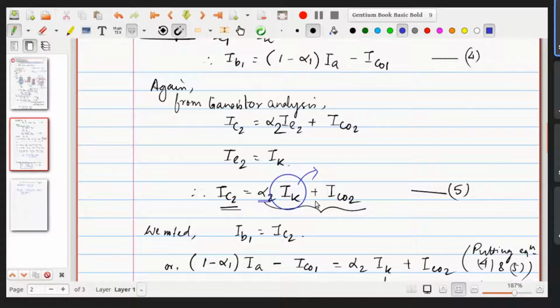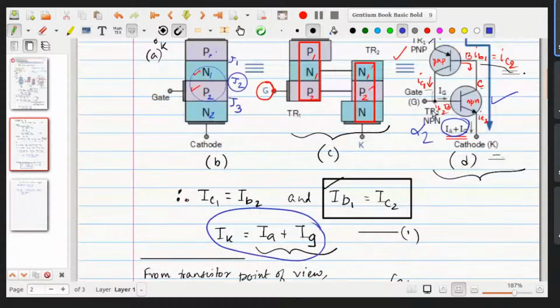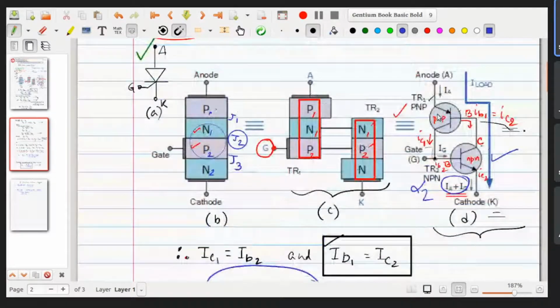Alpha 1 is only dependent on the anode current. That is, the multiplication factor for the first transistor depends only on IA, but alpha 2 depends on IA plus IG.